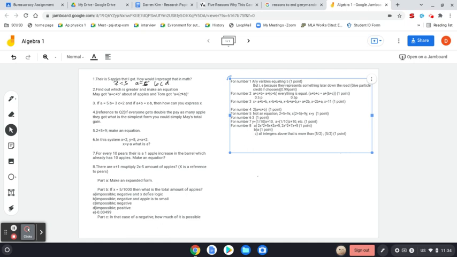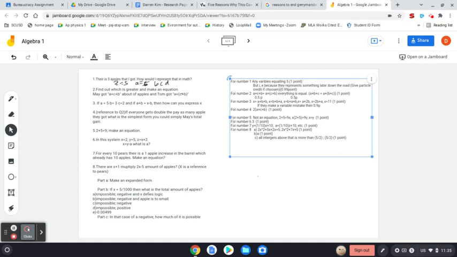If they make a variable mistake, then 0.9p. It's a variable mistake. It's fine. They know the concept. I don't care.